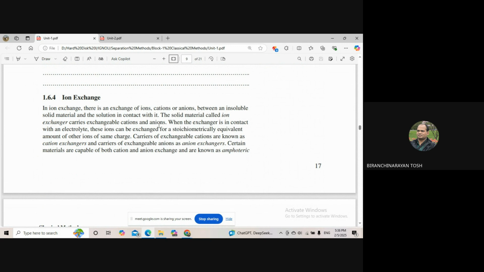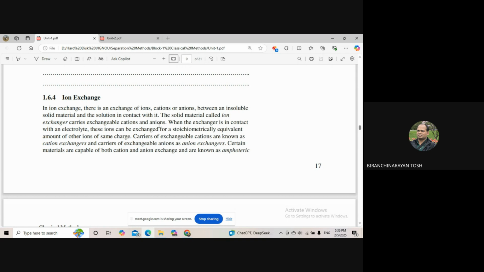When the exchanger is in contact with an electrolyte, these ions can be exchanged for a stoichiometrically equivalent amount of other ions of the same charge. Carriers of exchangeable cations are known as cation exchangers, and carriers of exchangeable anions are known as anion exchangers.